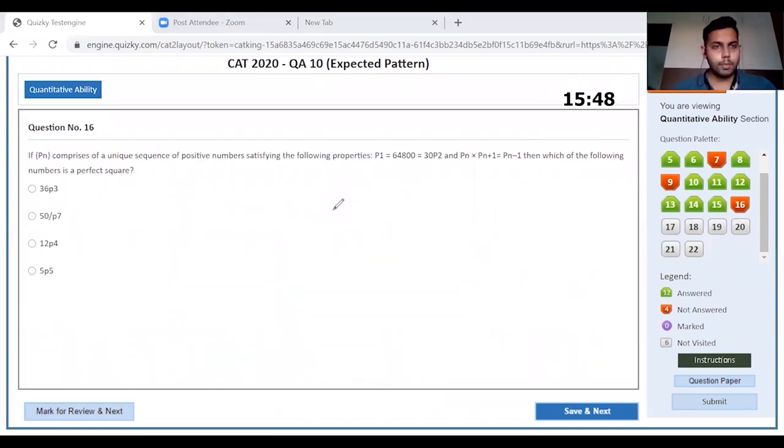Right. Pn comprises a unique sequence of positive numbers following the property. P1 is 648 into 100. 30 P2 Pn, which is a perfect square. So perfect square concept is coming. So 8 into 81 into 5 into 5 into 4.